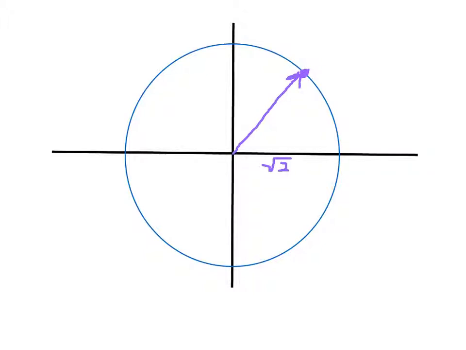Our second solution then came from an angle of 165 degrees, which is analogous to our solution, which was estimated at negative 1.366 plus 0.366i.